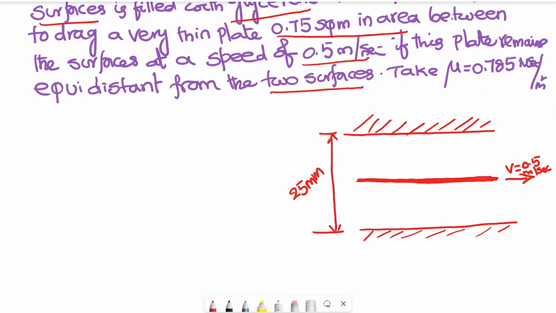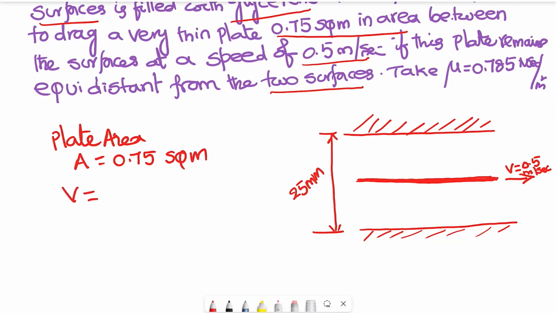Another thing, this plate area is A is equal to 0.75 square meter, direct, nothing to do. The plate velocity is also 0.5 meters per second. So the unit is also correct.